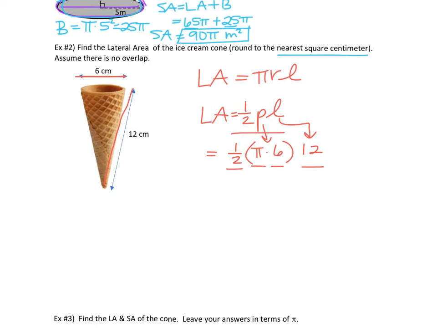If you want to break it down, this comes out to 36 pi, and then you could plug it in. That's fine too. Your lateral area is approximately 113 square centimeters.